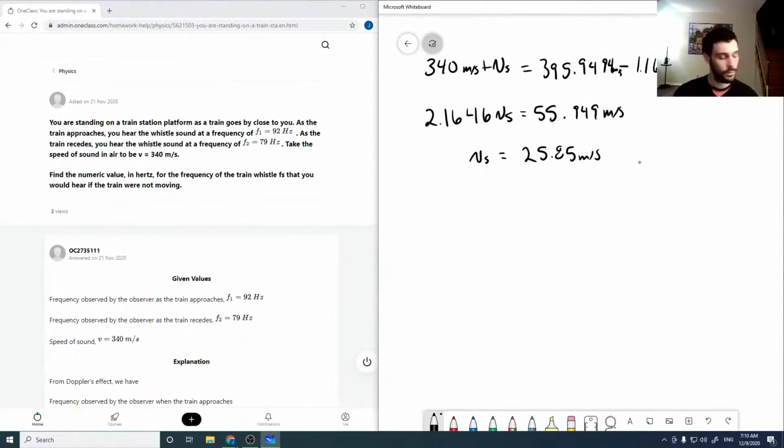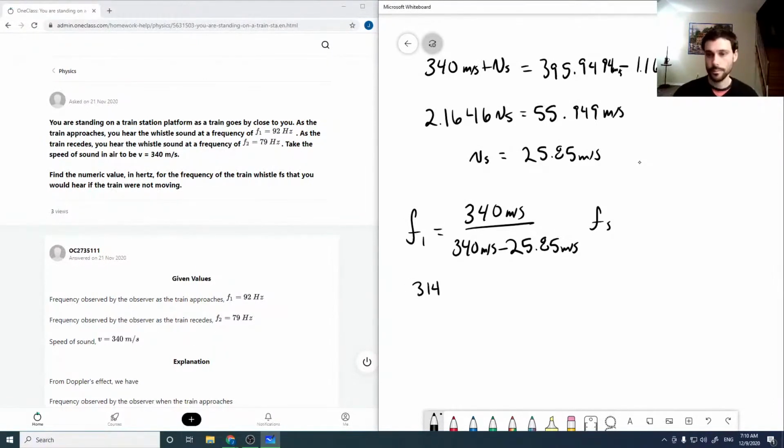And now we can use either of our equations to solve for our source frequency. So F1 is 340 over 340 minus this 25.85 times the source frequency, and rearranging this here, so 314.15 meters per second over 340 times our F1, which is 92 hertz, is our source frequency.